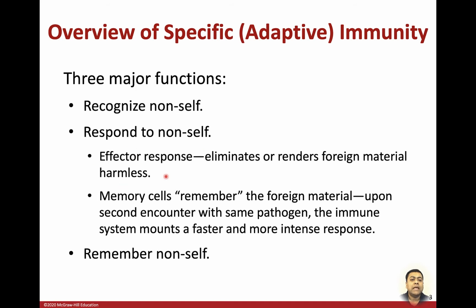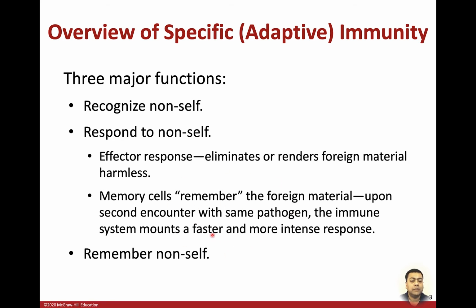Along with that, and this was not part of your innate immune response, but is a sole property of your adaptive, or acquired, immunity: the memory cells remember the foreign material, and upon a second encounter with the same pathogen, the immune system mounts a faster and more intense response. That is the reason that most of the time vaccines work.